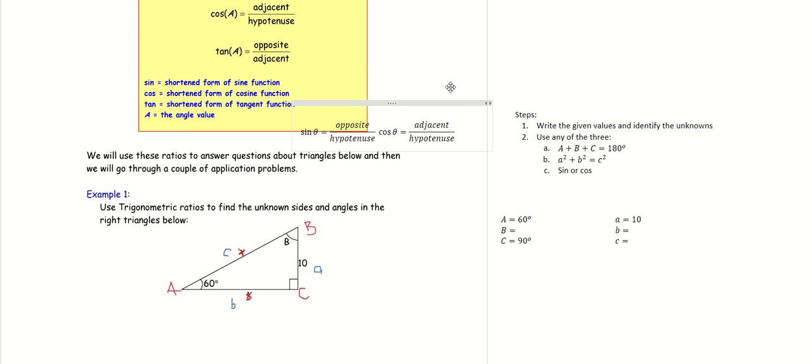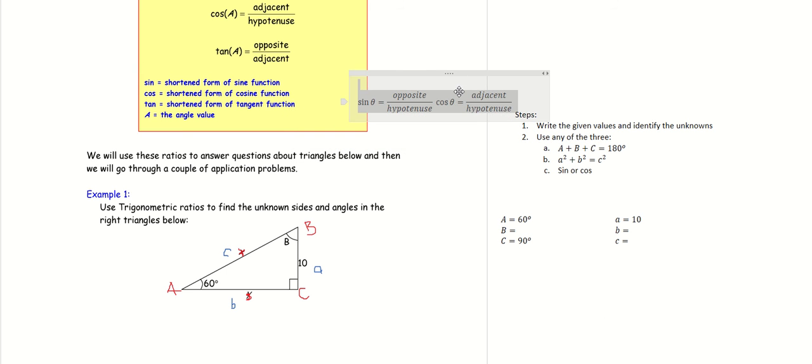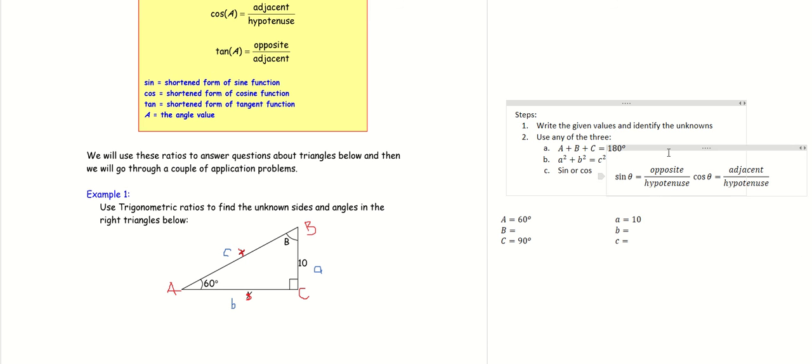So, here, I'll just delete the tangent kasi, as I've said earlier, you can just use sine and cosine for this topic. Okay, so we can just choose between sine or cosine kung anong mas bet nyo. Okay, ayan. Alright, so these are the steps.